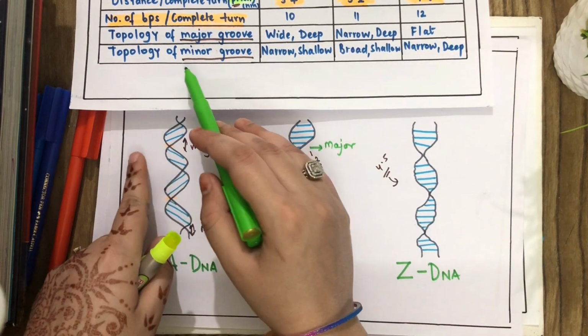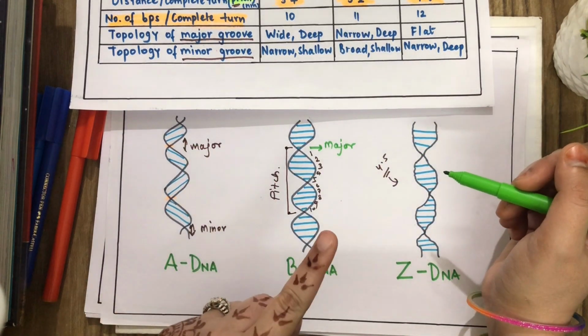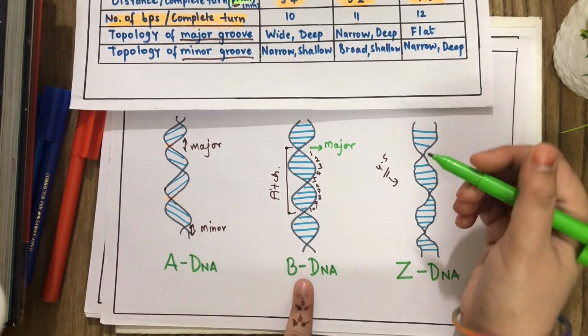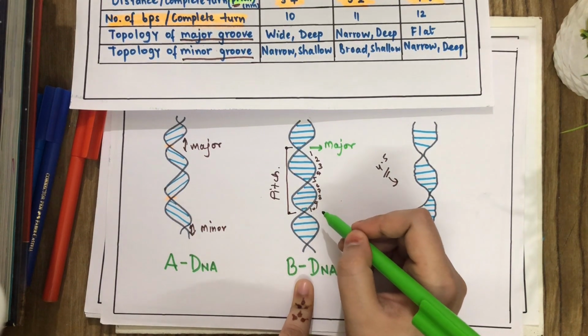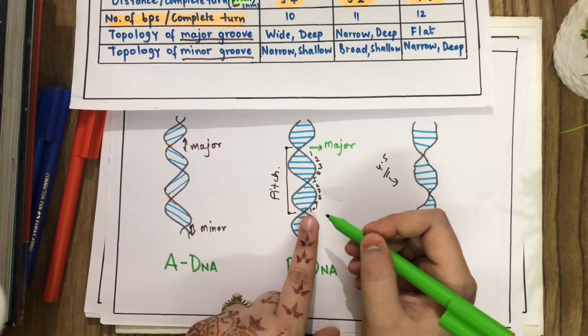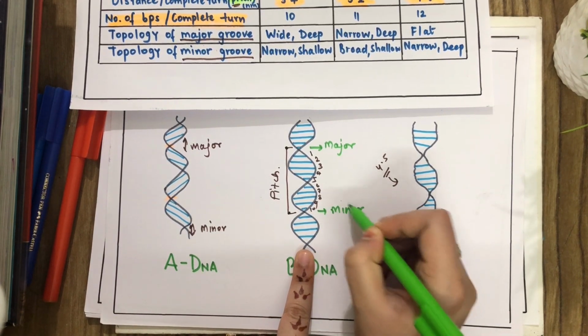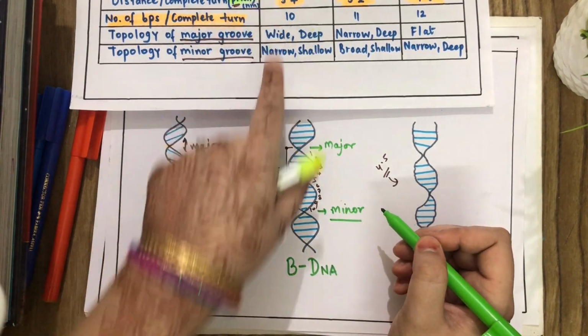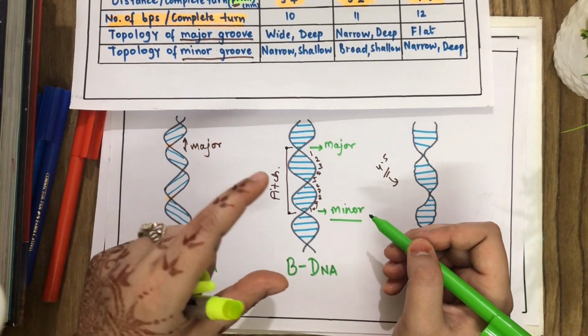Now coming to the minor groove, it will be narrow and shallow. For B DNA, it is narrow, small, and shallow, meaning it's not very deep. So for B DNA, minor grooves are narrow and shallow.